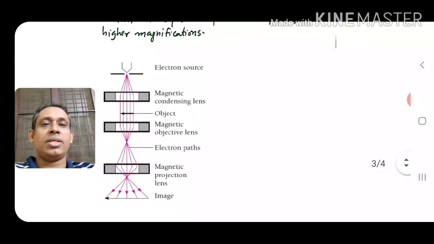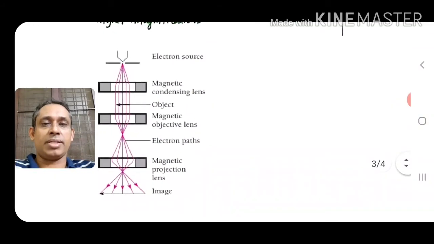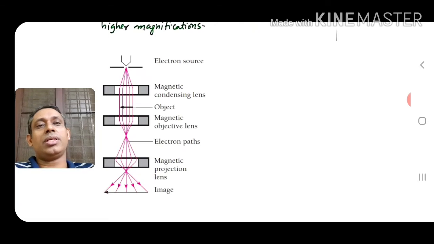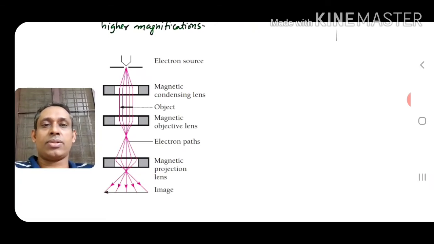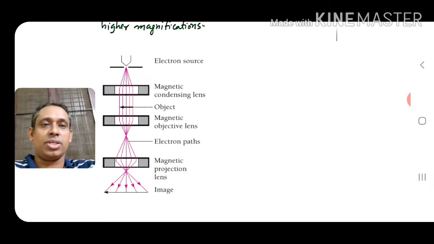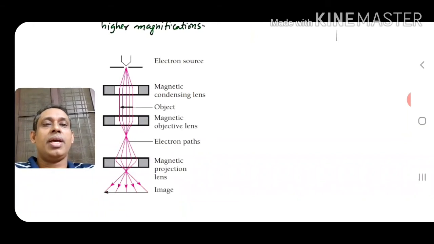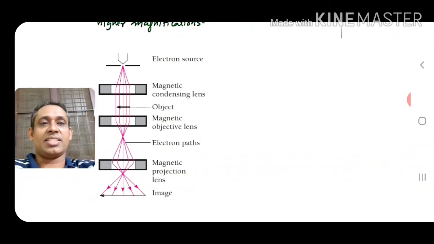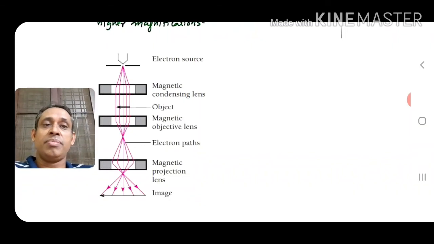So it will give you higher resolution images at higher magnifications. See here we have a schematic diagram of an electron microscope. What you see on the top is the electron source, which produces the electron beam, and we have a magnetic condensing lens, which condenses the beam.